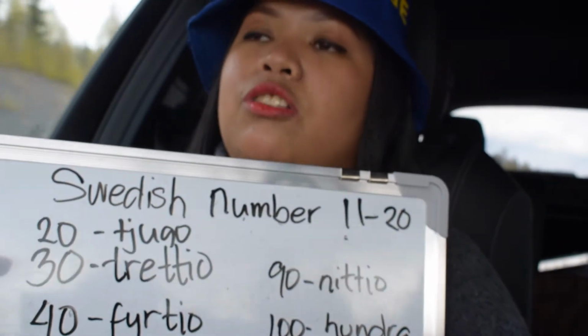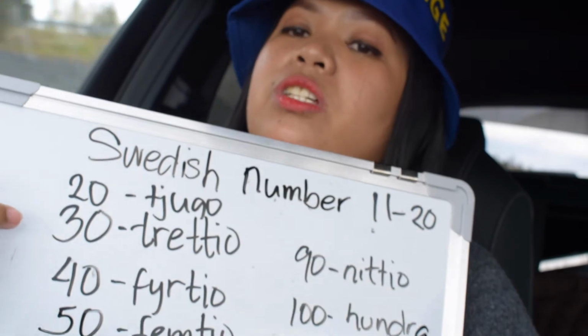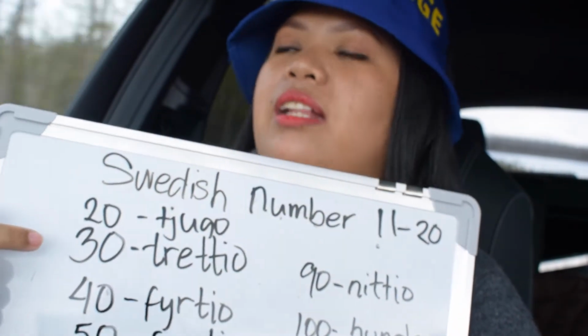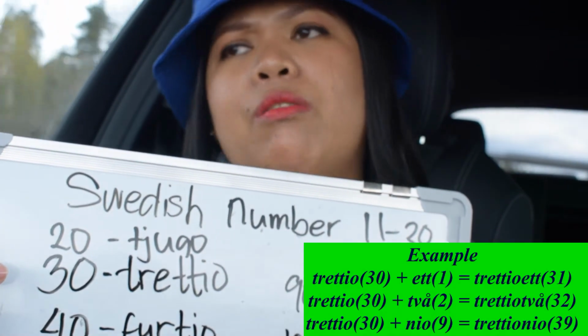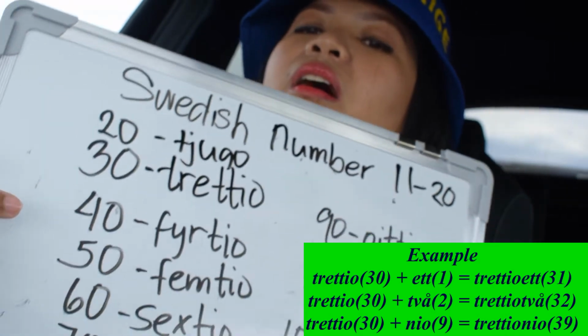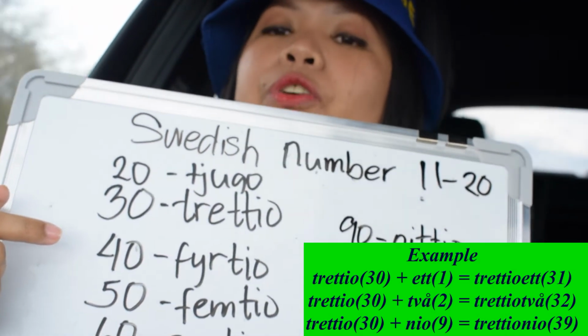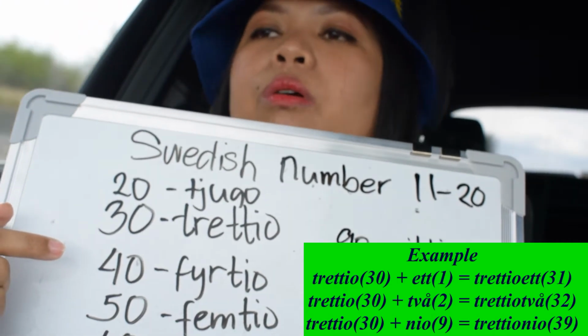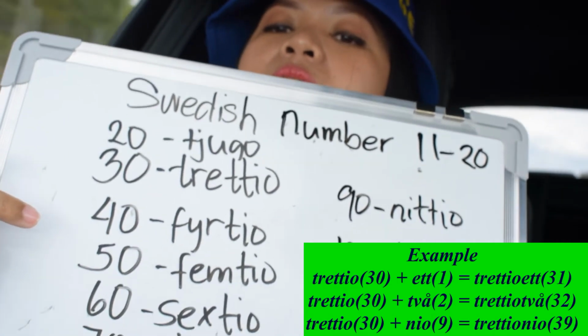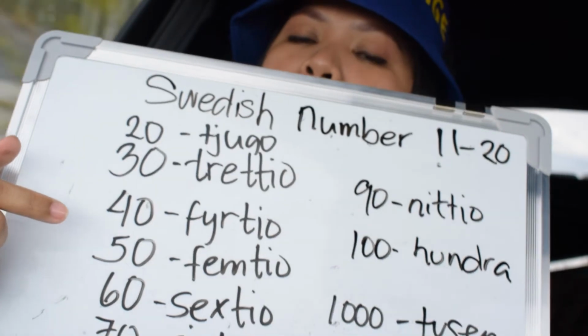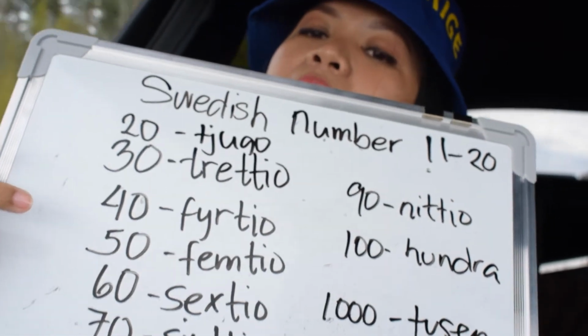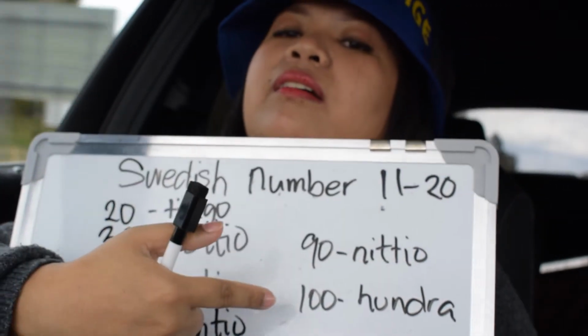And then in 30 you just say 31, 32, 33. Or the same with 40. You just say 41, 42, and so on. And 50 is the same until 100.